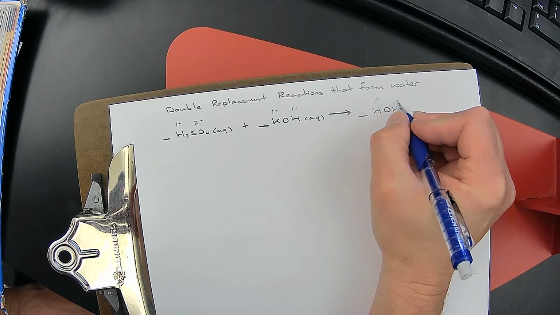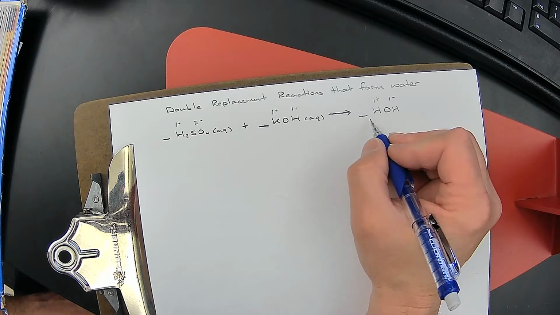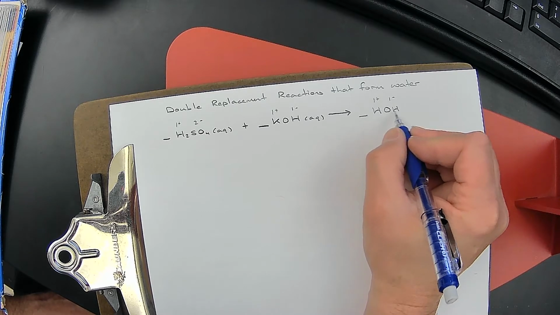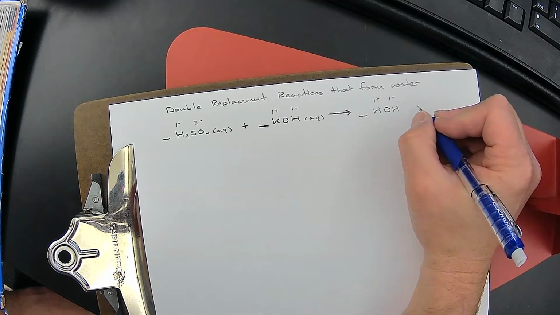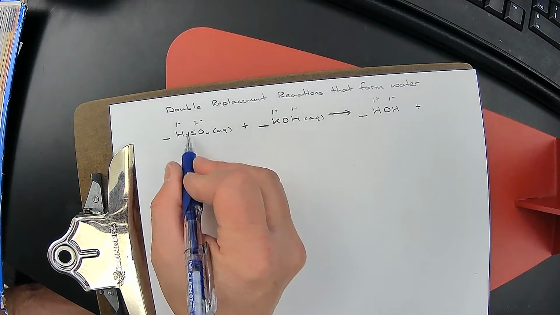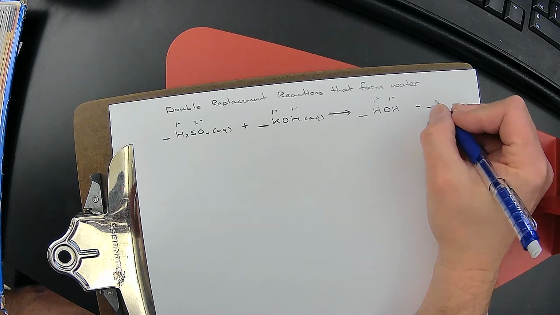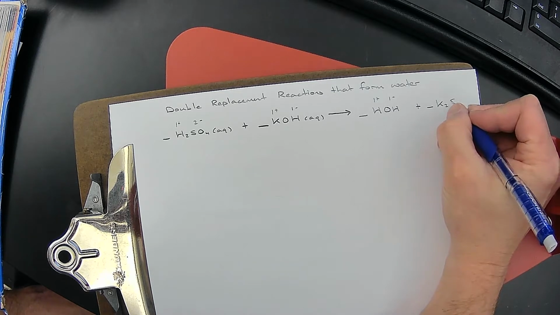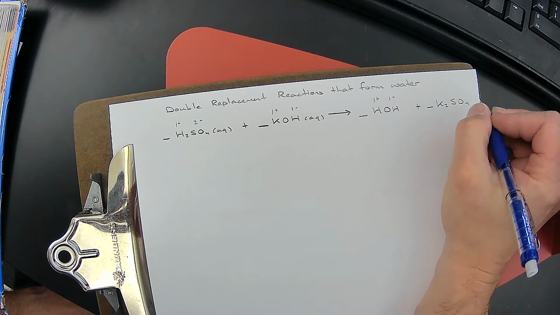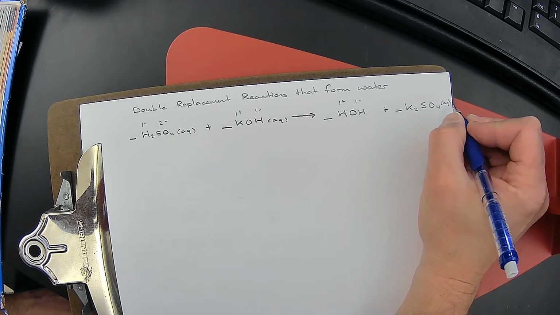The H is a 1 plus, the OH is a 1 minus, and they come together. Now we know we typically don't write it as HOH, we write it as H2O. Plus, K is a 1 plus, SO4 is a 2 minus, so we end up with 2 Ks and 1 SO4. And then this would be an aqueous solution.